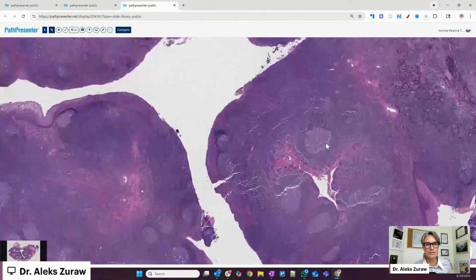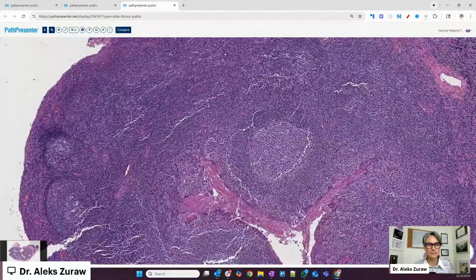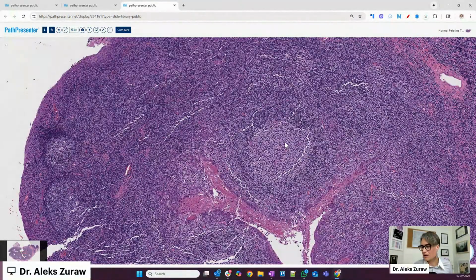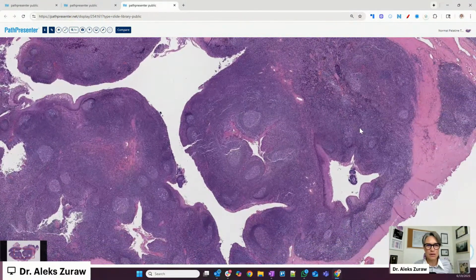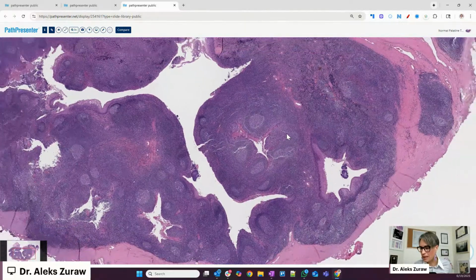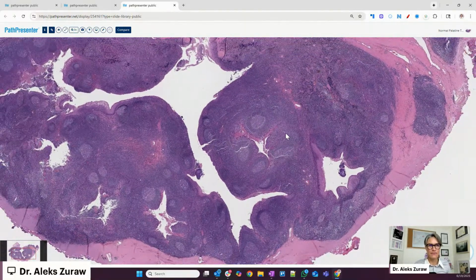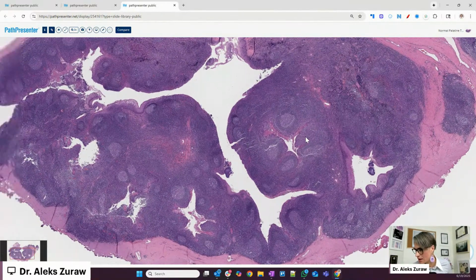So let's see what we have inside. We have the primary follicles and the secondary follicles. So the primary are the denser ones.